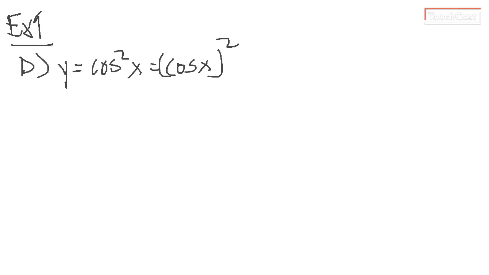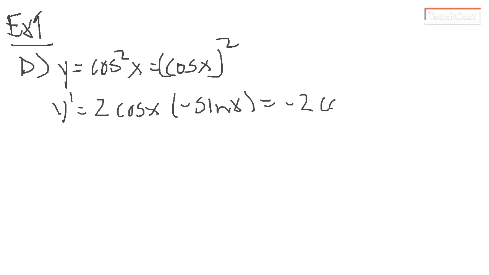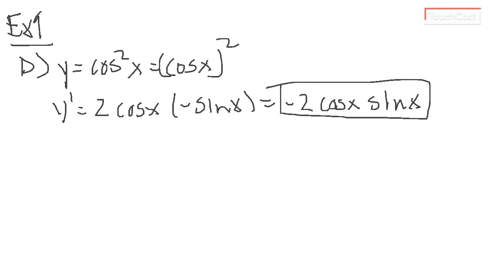So when we're finding y prime, we're going to start by bringing down the 2 times cosine x, and then we multiply that by the derivative of cosine x, so negative sine x. If we're writing our final answer, let's multiply. We're going to get a negative 2 cosine x times sine x. And that one is completed.